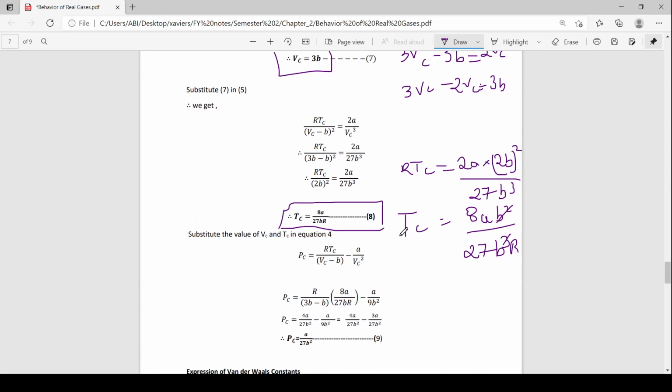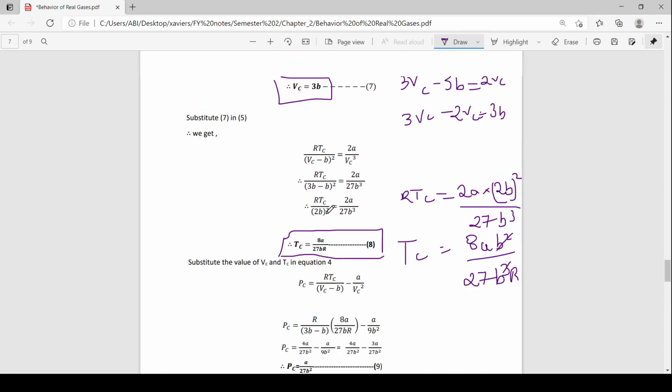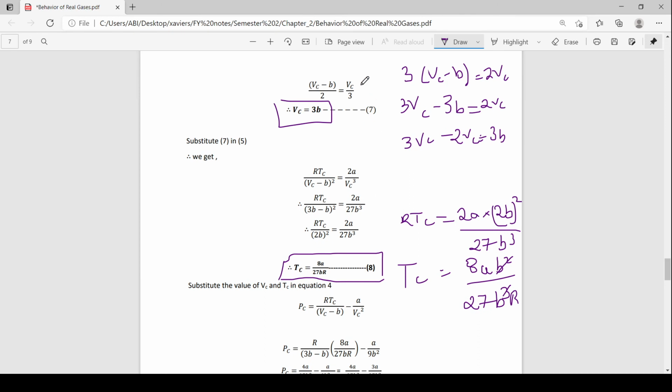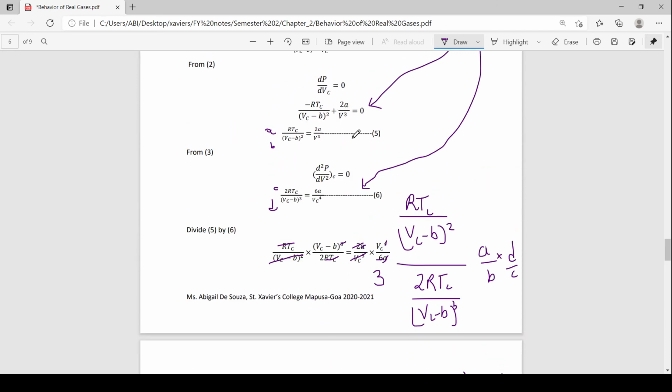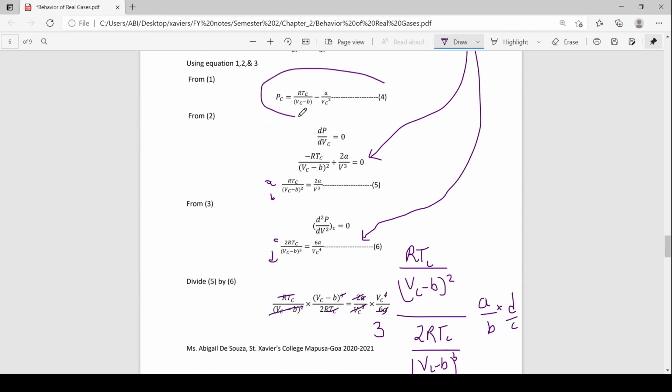Okay, now what I do is, I take tc and I take my vc, what I've got. I take the value of vc, I take the expression for tc, and I substitute in my equation number 4, since I have to determine what is pc. If you notice, I've gone step by step: determine what is vc, then tc, now pc.